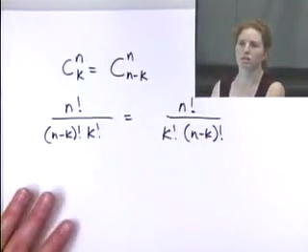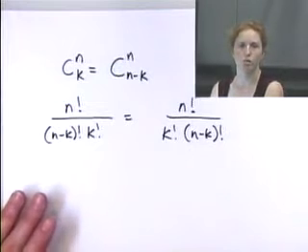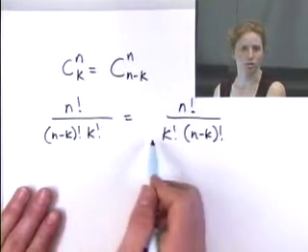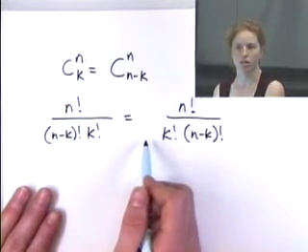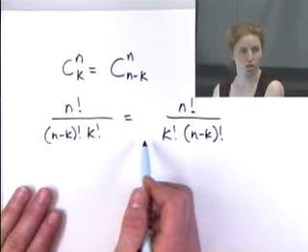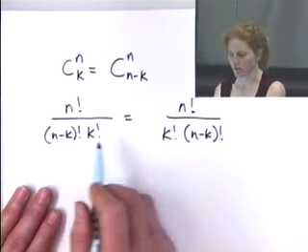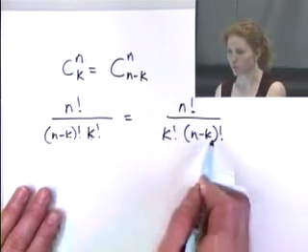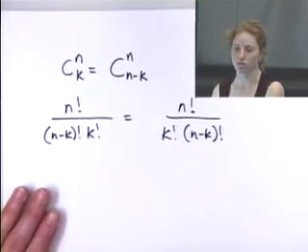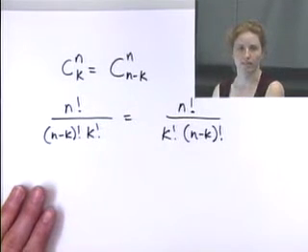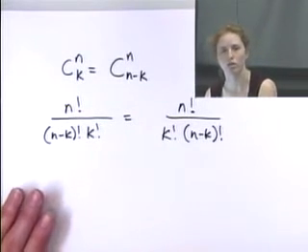And what is the property that multiplication has that makes this equality true? Commutative. Since the order in which I do this multiplication doesn't matter, these things are equal. So that was the point of pointing that out to you.